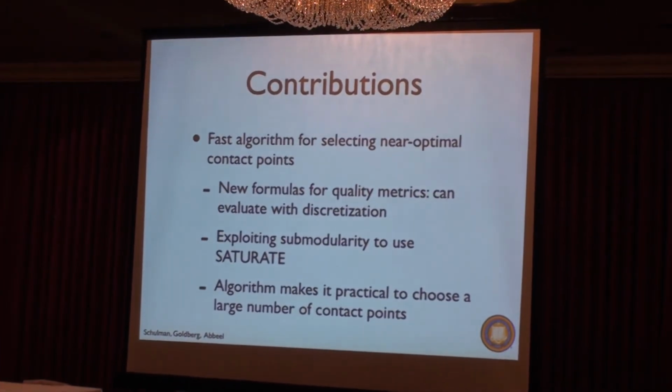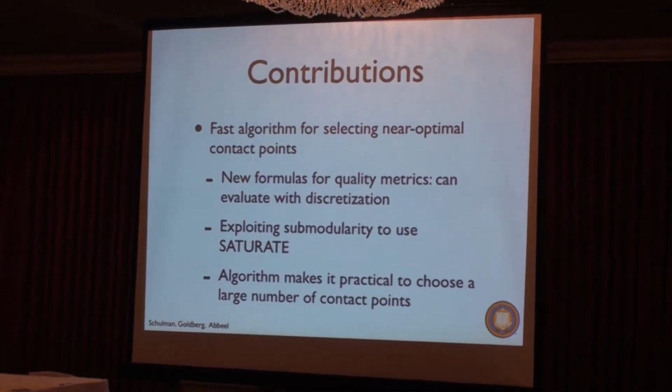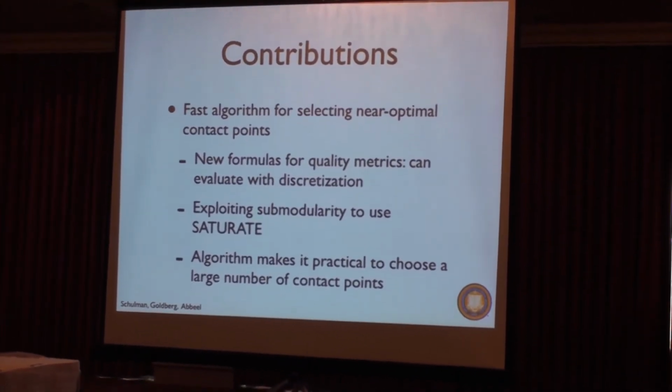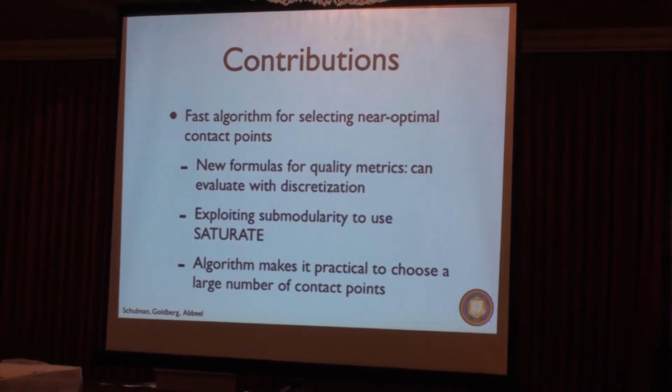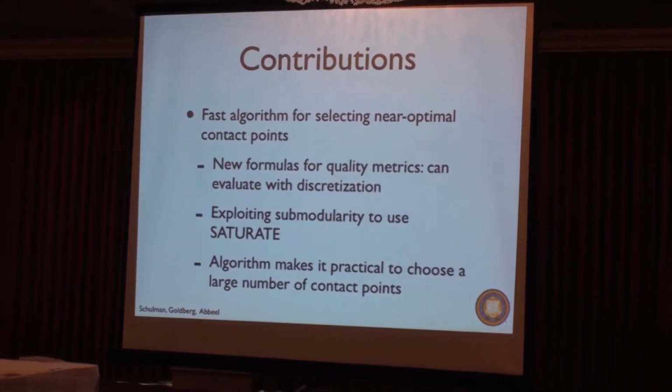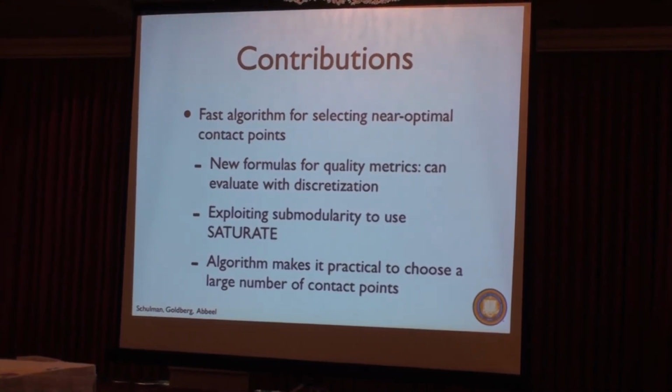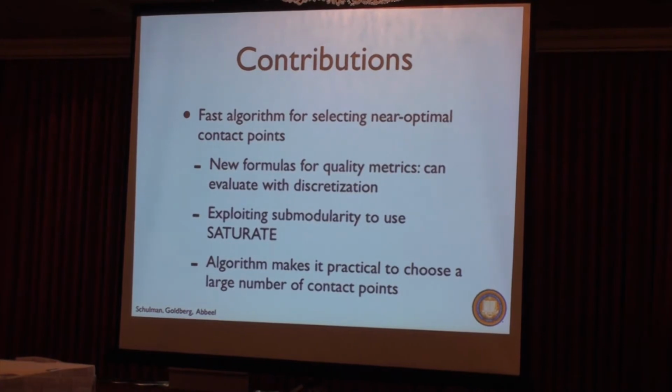And this algorithm makes it practical to choose a large number of contact points on an object, for example, to fixture a delicate object, whereas previous algorithms for generating force closure grasps usually focused on finding the minimal number of contacts necessary for force closure.